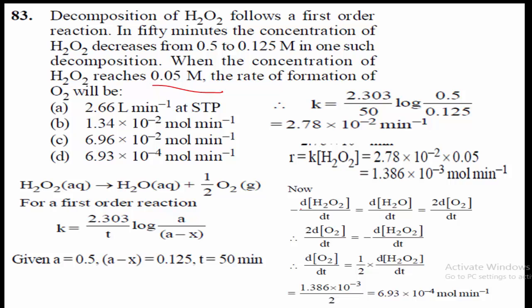So as the concentration of H2O2 decreases, we have taken minus sign here, and concentration of product increases, hence we have taken positive sign here. And simplifying this, you will get 1.386 into 10 raised to minus 3 upon 2, which is 6.93 into 10 raised to minus 4 mole per minute. Therefore, the option D is the right answer.